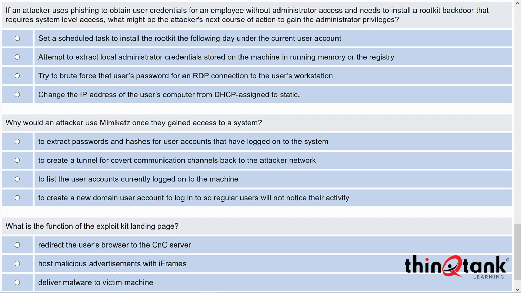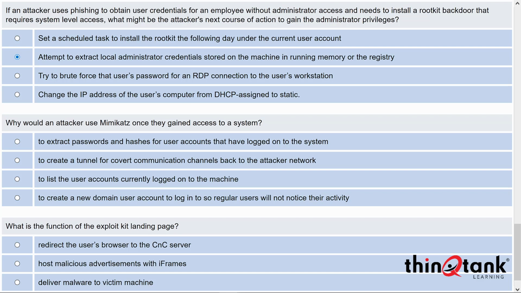Negative. We are trying to install a backdoor, but keep in mind, we are also trying to escalate our privileges. And that's a very, very important concept here. Attempt to extract the local administrator credentials that are stored on the machine. Certainly, if I can get those administrative credentials, then definitely I would have the ability of escalating my privileges.